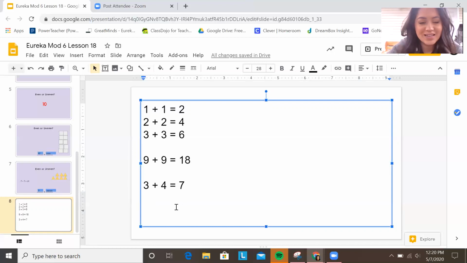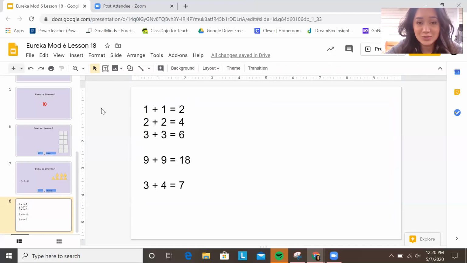This one's tricky because it's not a doubles fact. So the answer may or may not be even. But again, I'm going to say this one more time so we remember. For every doubles fact, which means that both of your addends are the same, the answer will always be even, always.